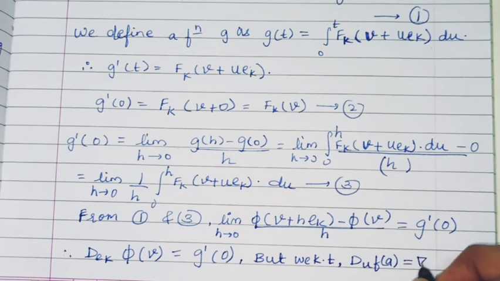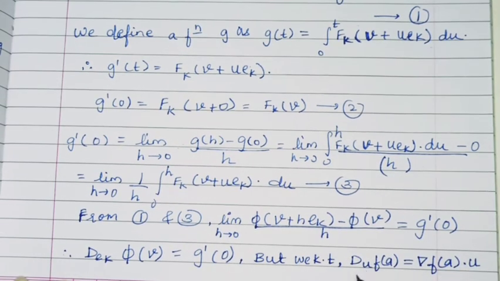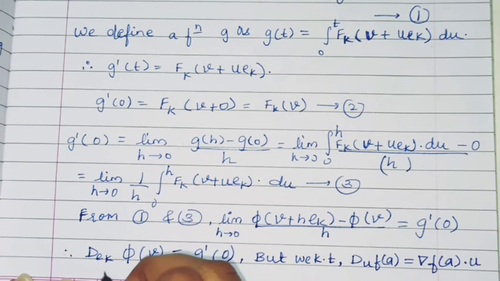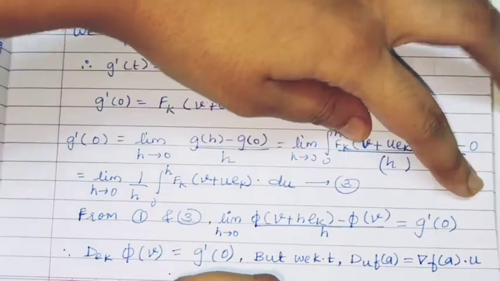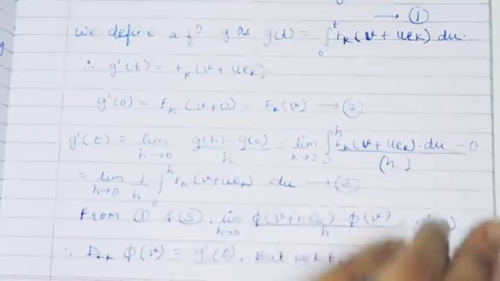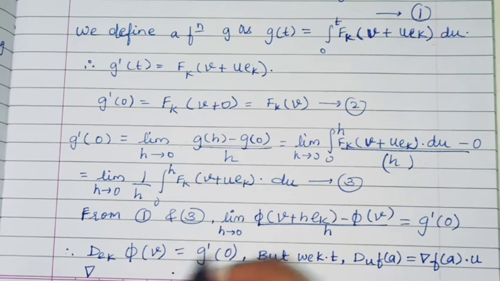So d ek phi of v is equal to g dash 0, but we also know that it can be written in a basic form as d u f of a is equal to the derivative of f at a into u. This is what we had studied in SY.